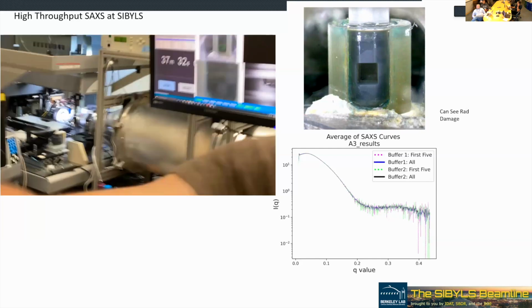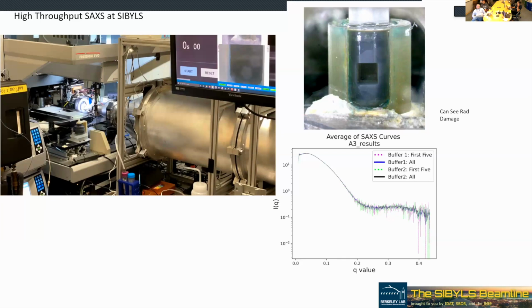The needle itself is X-ray transparent. So this is the needle, and there's a little window in it, and this is when it's landed in the X-ray beam, and X-rays shoot through it. Sometimes you'll see the damage on the X-ray beam in there as it's getting exposed. And then we generate our SAXS profiles for you.